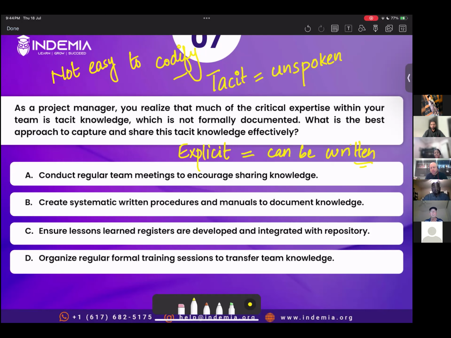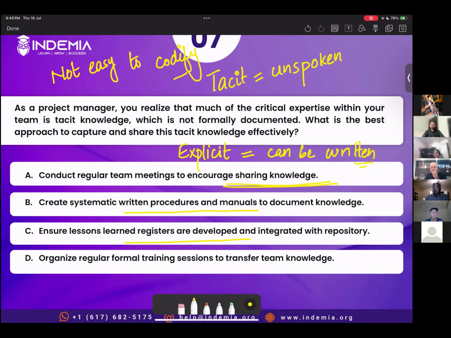Okay. So option B creates systematic written procedures. Written procedures would not help because it is tacit knowledge. Ensure lessons learned registers are developed. Again, it is written. Now we have two options: organize regular formal training sessions to transfer team knowledge, and option A, conduct regular team meetings to encourage sharing knowledge. So it's your personal intuition, your personal experience, that should be shared with others in informal settings rather than formal training sessions.